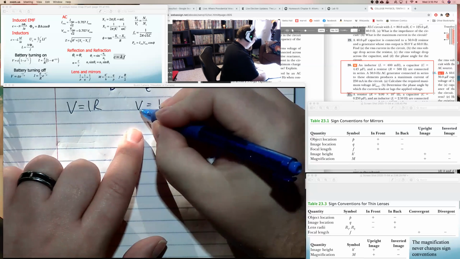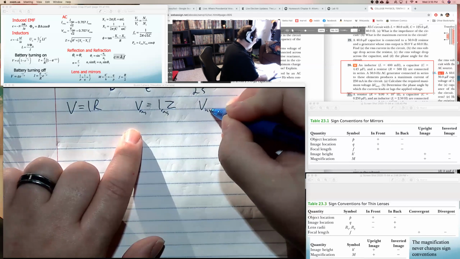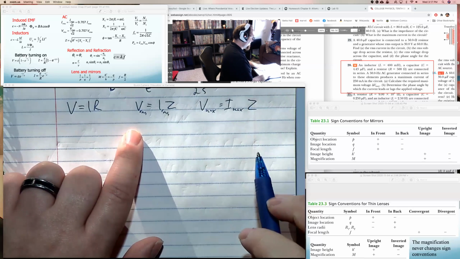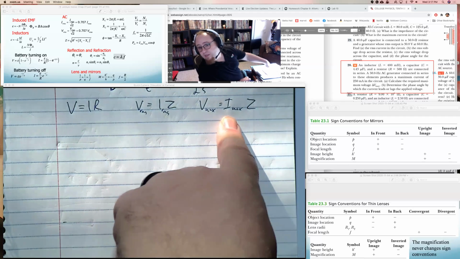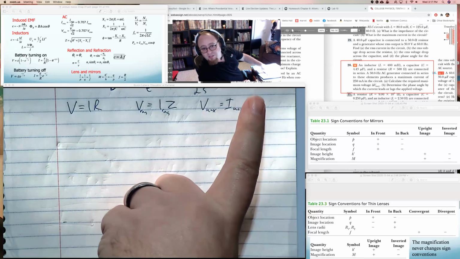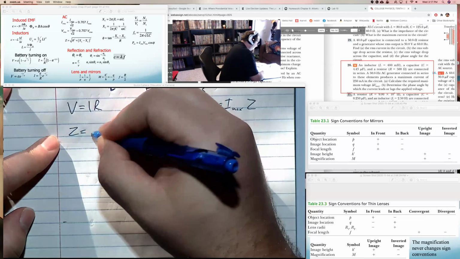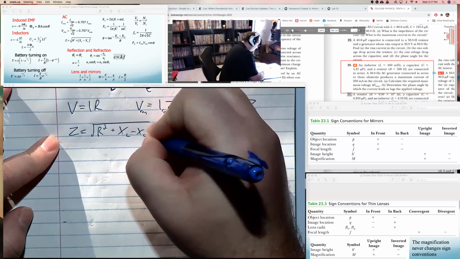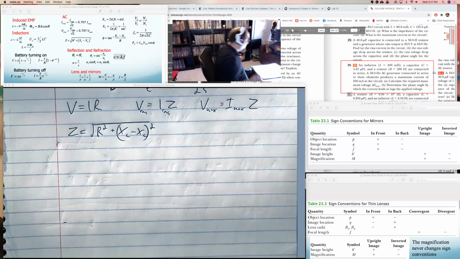This could be true for V RMS equals I RMS Z, or V max equals I max Z. In this one, they gave I max, they asked for V max. And so that just means I need Z. Z, which is impedance, is given as the square root of R squared plus XL minus XC quantity squared. And so to get that, you need XL and XC.